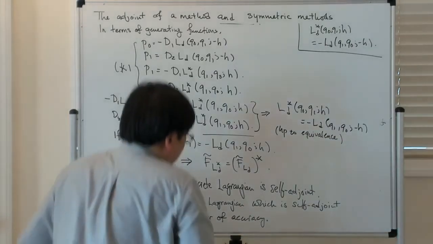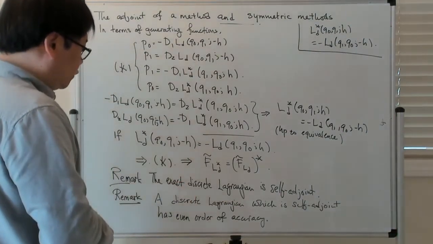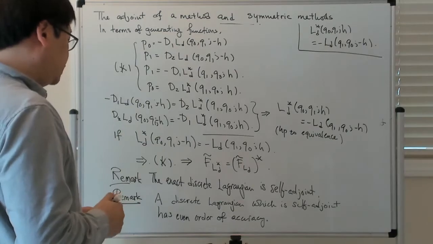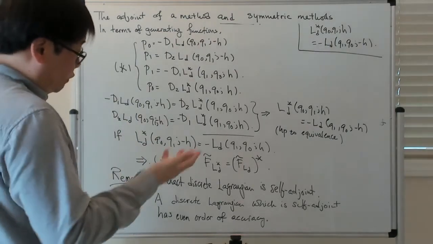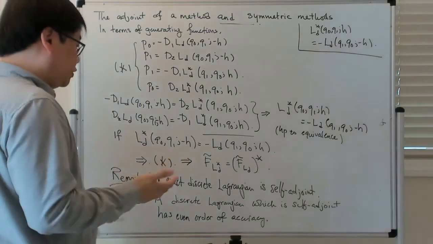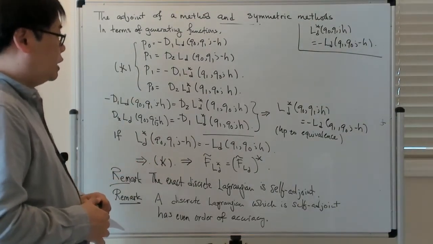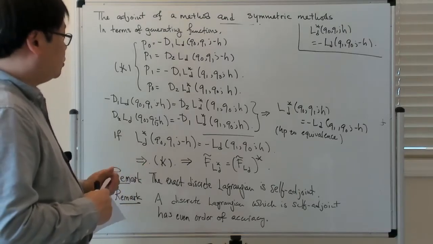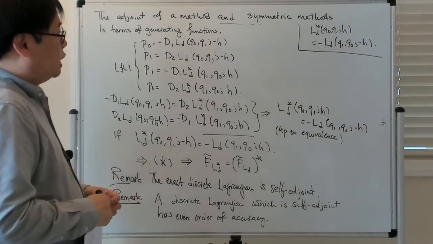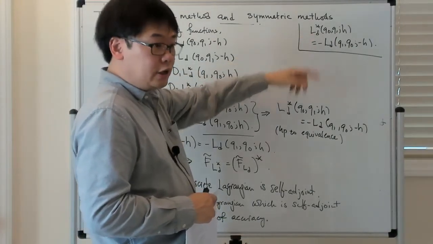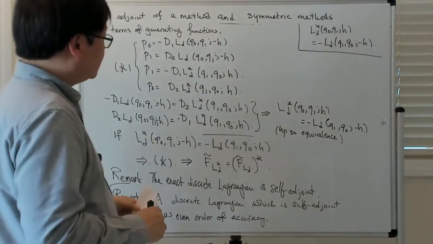Okay, and you can observe that just by the variational error analysis result together with what we know about self-adjoint methods in general having even order of accuracy, or it is possible to show this directly using this definition of the discrete Lagrangian together with variational error analysis.